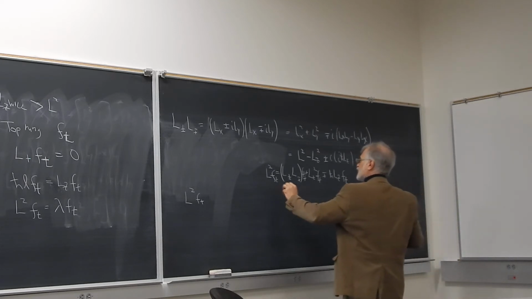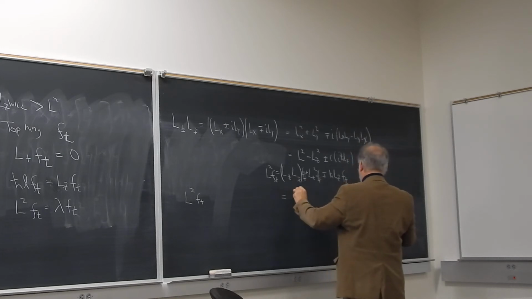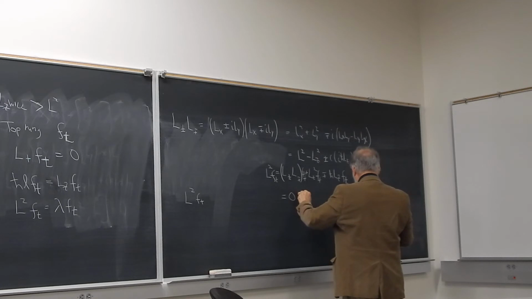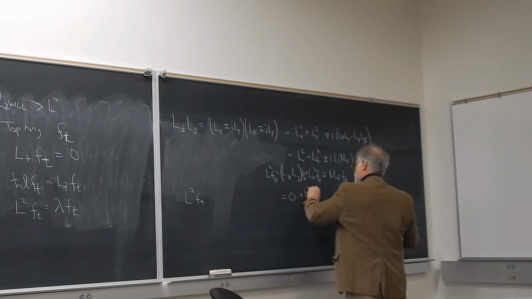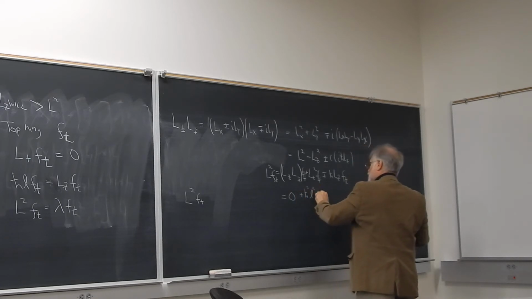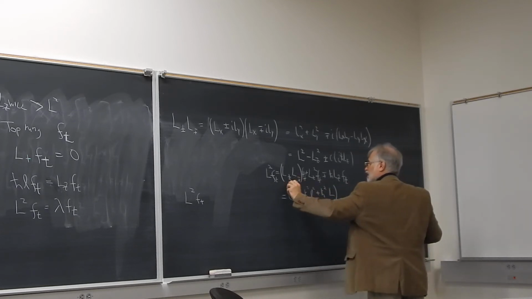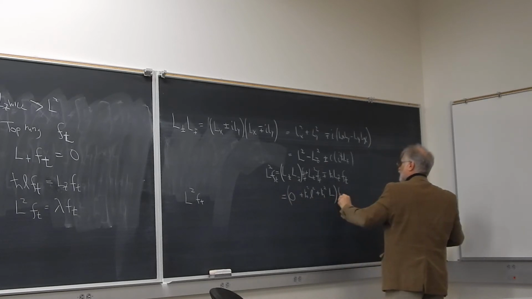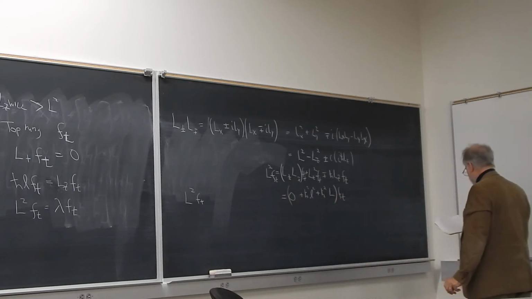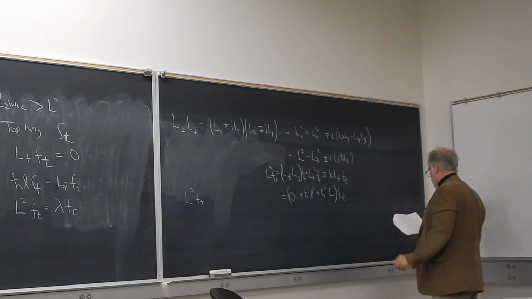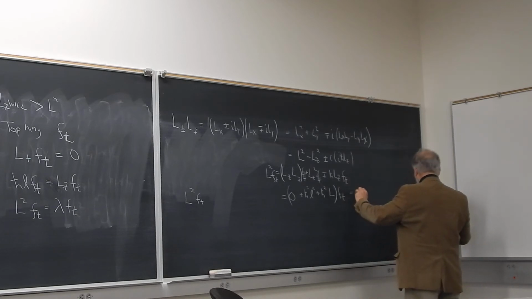This is going to give me first 0. The second term will give me plus h bar squared L squared plus h bar squared L, all applied to f sub t. Put it all together, what do I get?